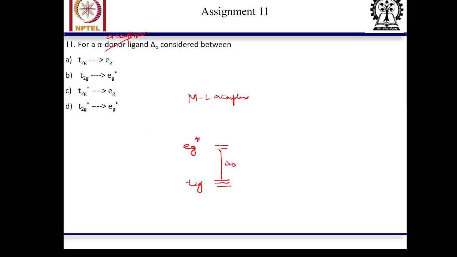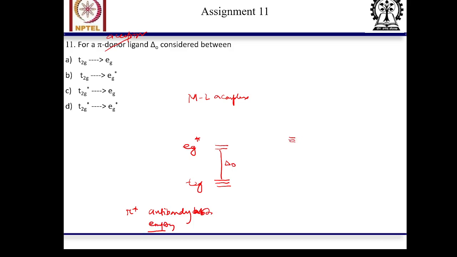Now come to here. Now you have your pi acceptor ligand. So pi acceptor is basically what? They have the pi star anti-bonding orbital. Now they are generally empty, they will be higher in energy, so it will be somewhere here. 3 orbitals are there.